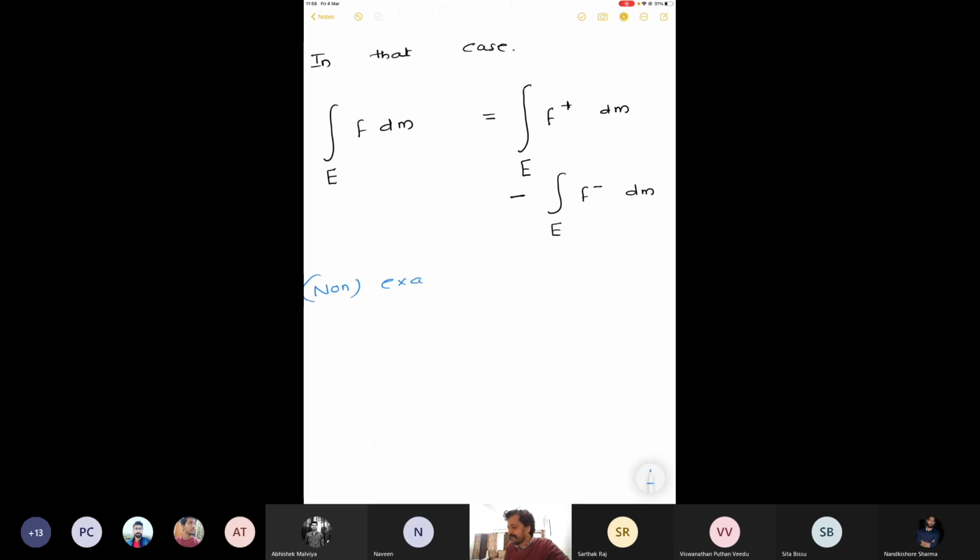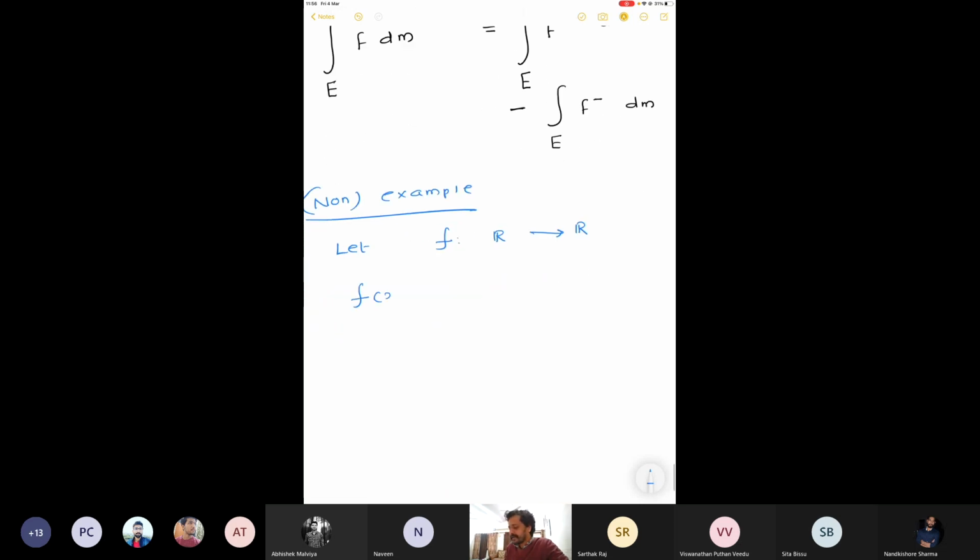That means one which is not integrable. Let f from R to R, I will be quick here, be defined by f(x) equal to 1 when x is greater than or equal to 0 and minus 1 when x is less than 0. As you know, you cannot talk about Riemann integration over entire R; Riemann integration is only over a bounded interval.